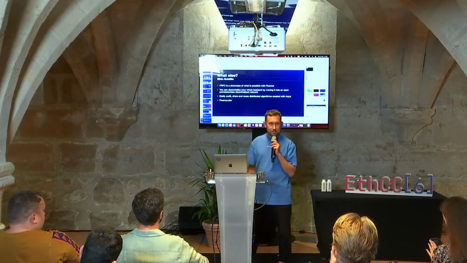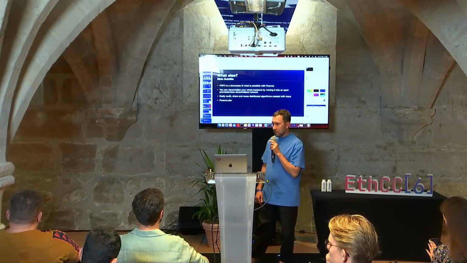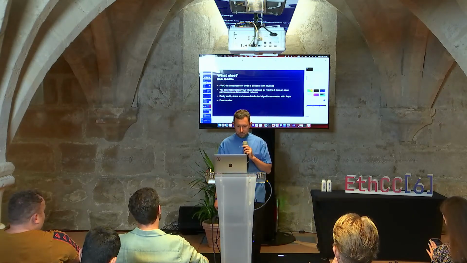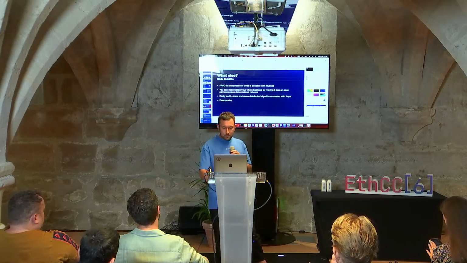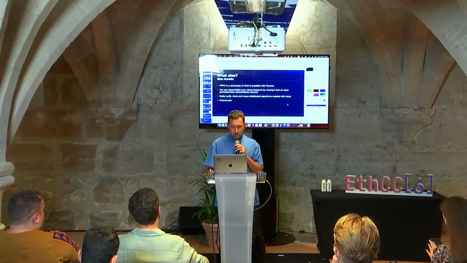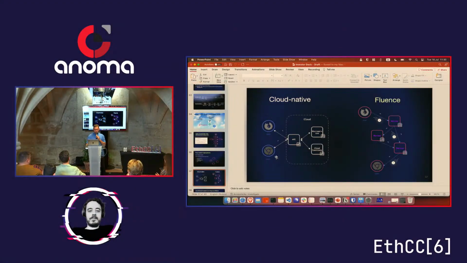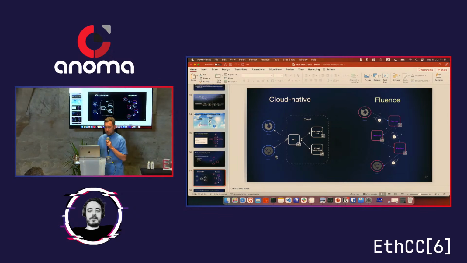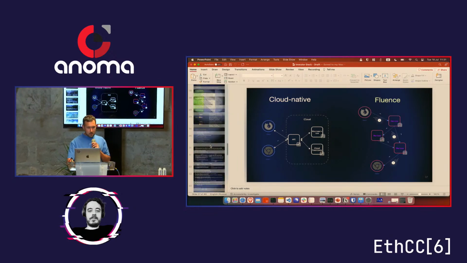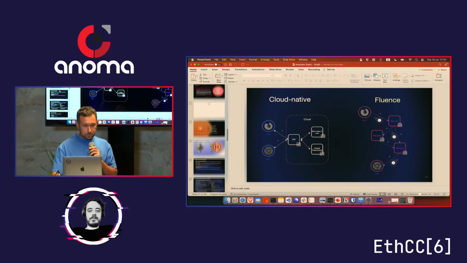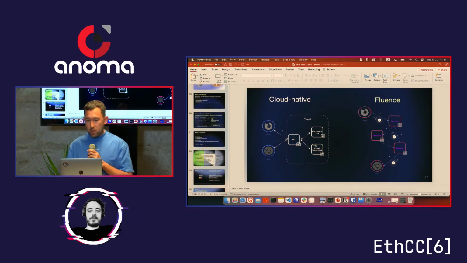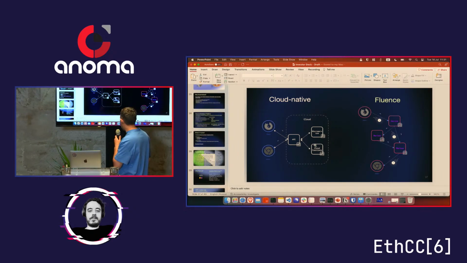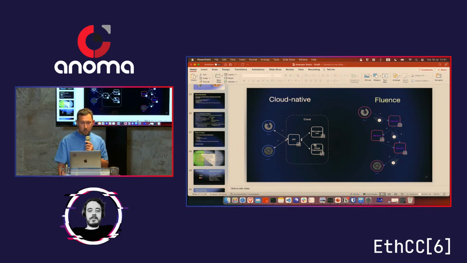Okay. Any other questions? Okay, so right now we can talk a little bit about how Fluence actually works. As you can see, there are traditional cloud backends that use centralized APIs.